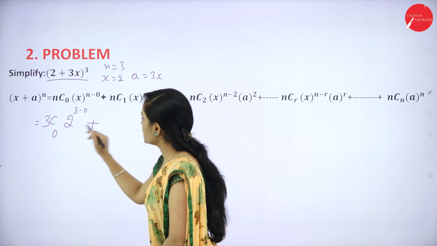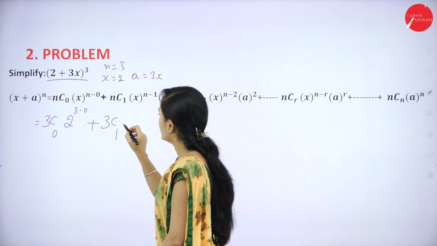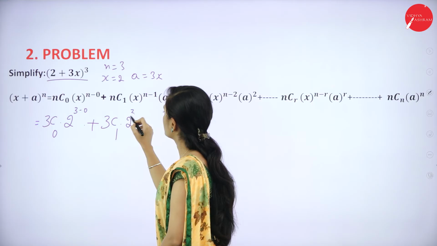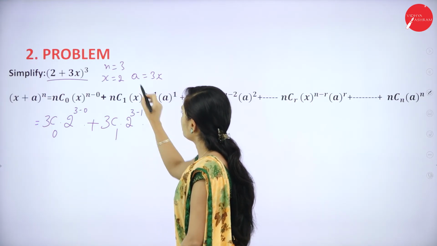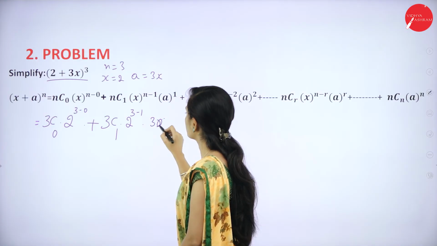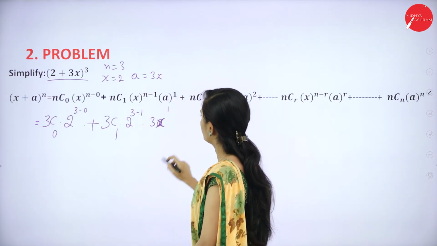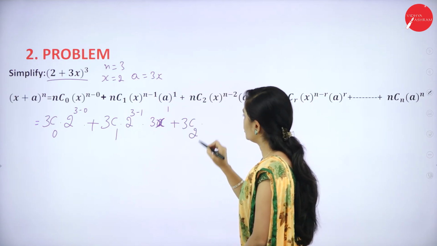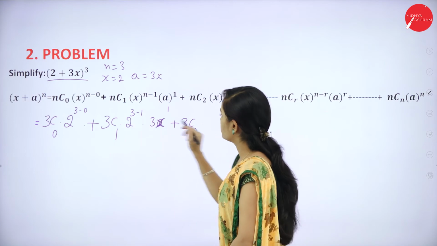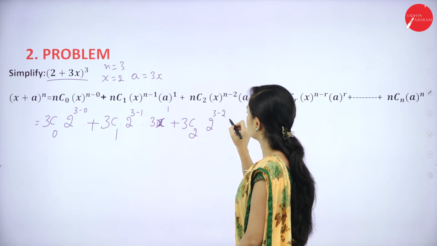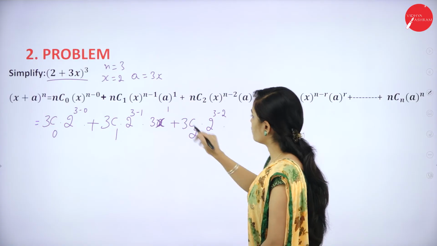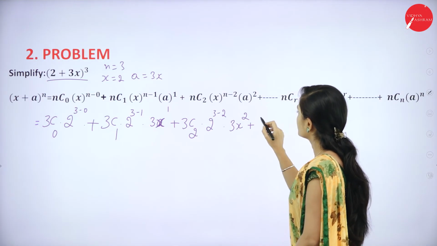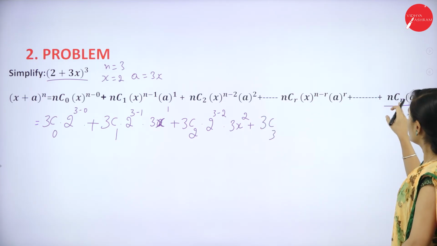And the next term, 3C0 changes to 3C1 into 2 power n minus 1, that is 3 minus 1, into a, which is 3x, (3x) power 1, plus 3C2 into 2 power n minus 2. Here 2 power 3 minus 2 into (3x) power 2, plus 3C3, up to nCn.